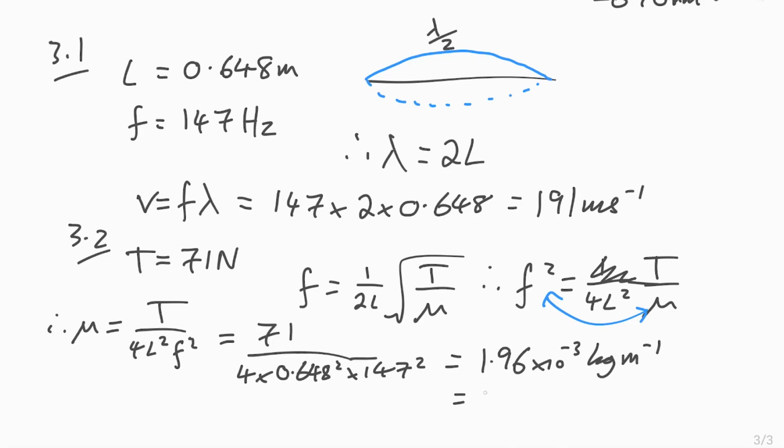But the problem is that we want just kilograms. So units are your friends here. We have kilograms per meter, we just want kilograms, so we need to get rid of the per meter. We do that by multiplying by 0.648. And that gives us 1.27 times 10 to the minus 3 kilograms.